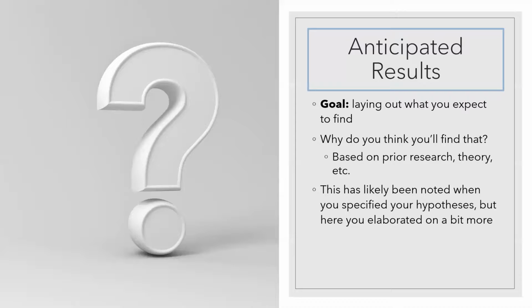So if you know your outcome variable, or dependent variable, is going to be continuous, for example, on a scale from 0 to 40, and you're comparing two different groups on that outcome variable, you might write later in this section that you can expect group X to display a higher mean on that scale than group Y. It should be clear as to why you will expect that though, and it will be if you've restated your hypothesis and given a quick summary of your rationale for it again too.